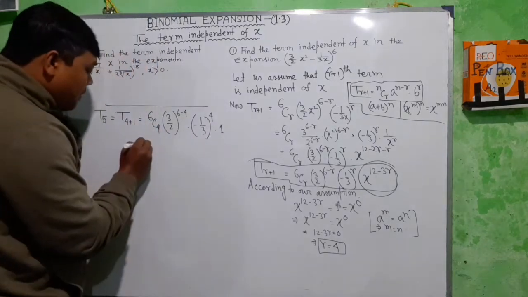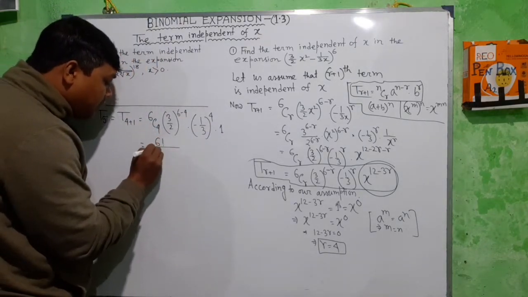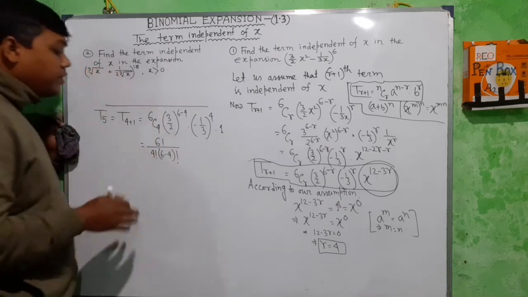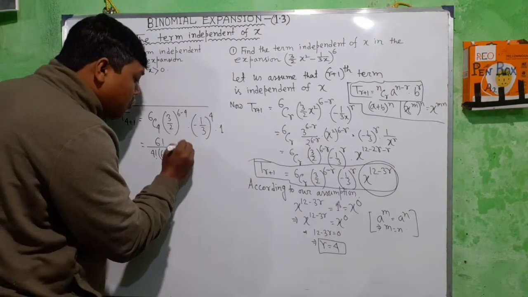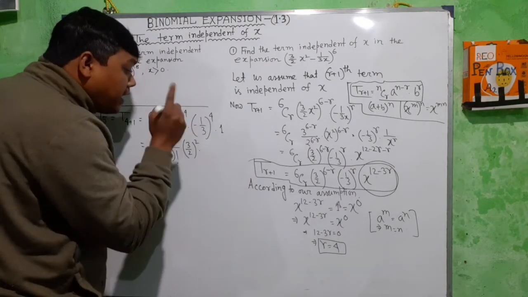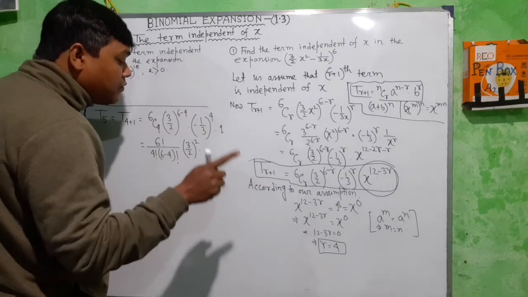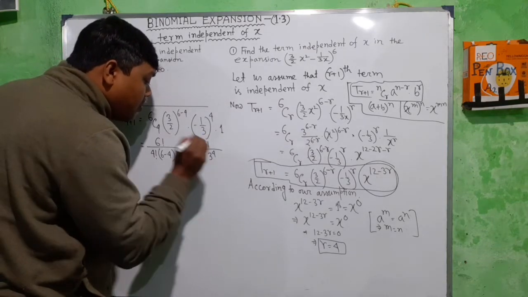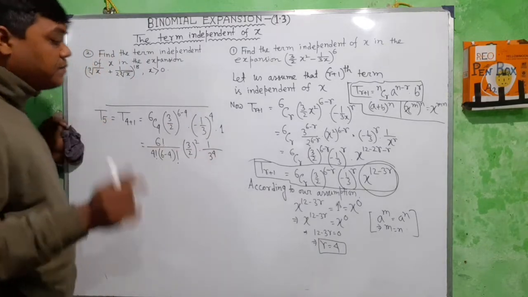So after some calculation, we will get 6 factorial by 4 factorial into (6 minus 4) factorial according to the nCr formula, and this is (3 by 2) whole to the power 2, and minus 1/3 into minus 1/3, 4 times. If we multiply, we will get 1 by 3 to the power 4, and 4 times of negative sign you always get a positive value.